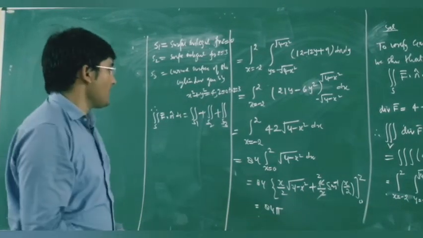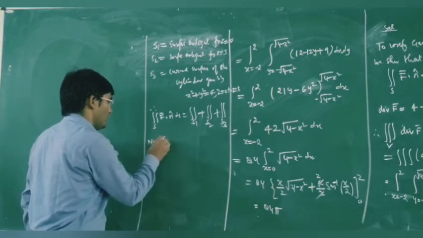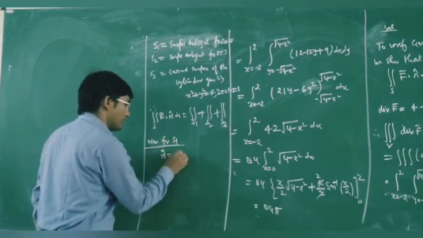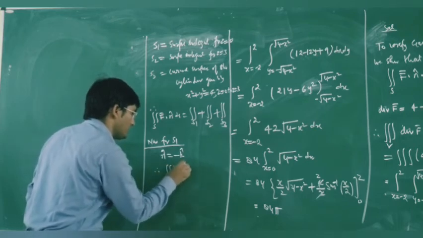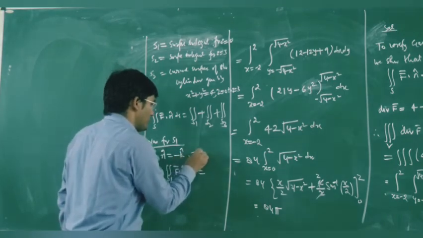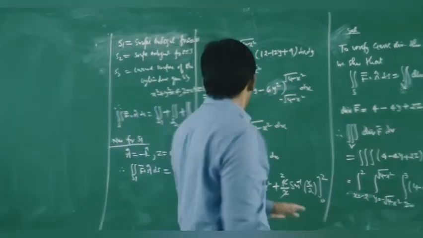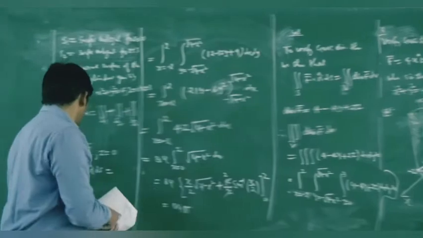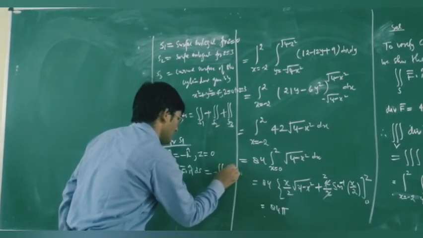Now for S1, z equal to 0 and n will be minus k. So the integral of f dot n dS for S1, as n is minus k, f dot n will be minus z squared. So this is equal to the integral of minus z squared dS.